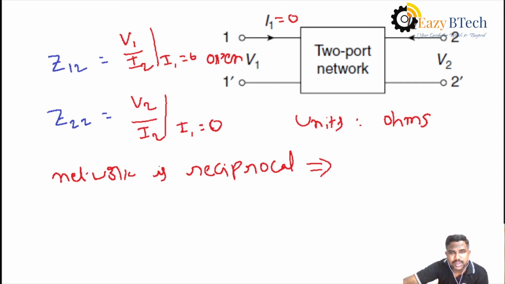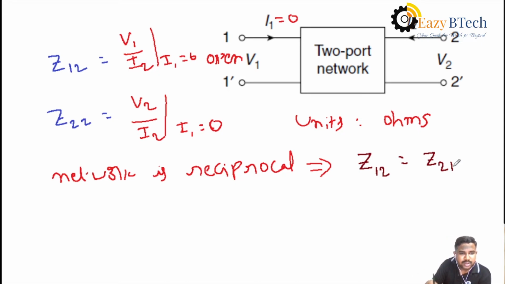After finding the values of the Z parameters, Z12 equals Z21. If this condition is satisfied, then the given network is reciprocal.